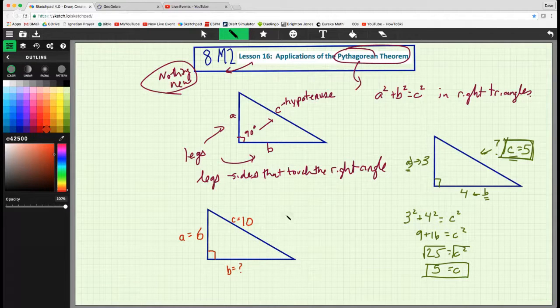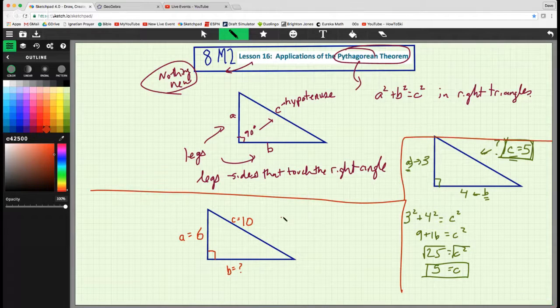So the formula is going to look exactly the same, but the way we utilize it is going to be different. We write our formula down, A squared plus B squared equals C squared. A is 6, so that's 6 squared. We don't know what B squared is, or what B is. And then C squared is 10 squared.